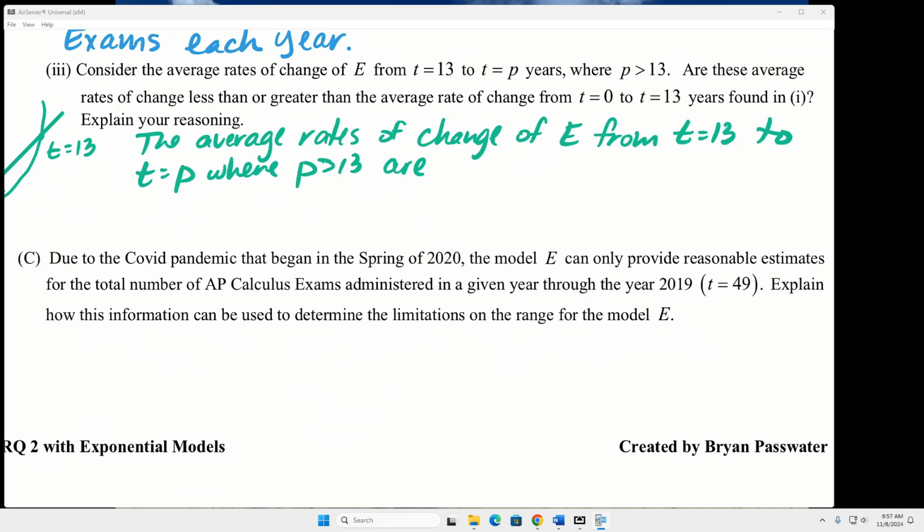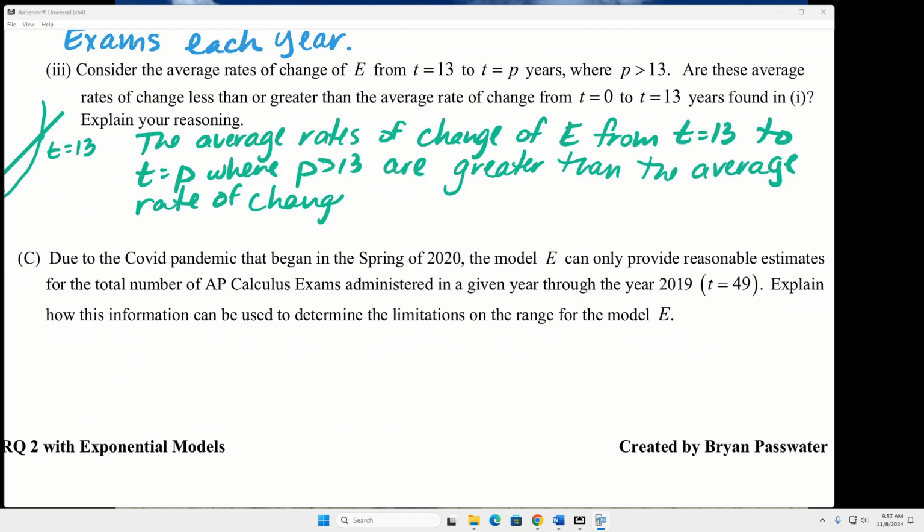We're going to say, we already said that they're greater than the average rate of change from t equals 0 to t equals 13.